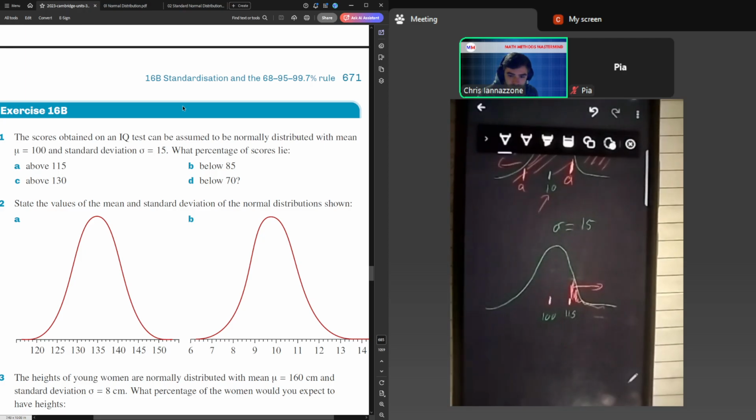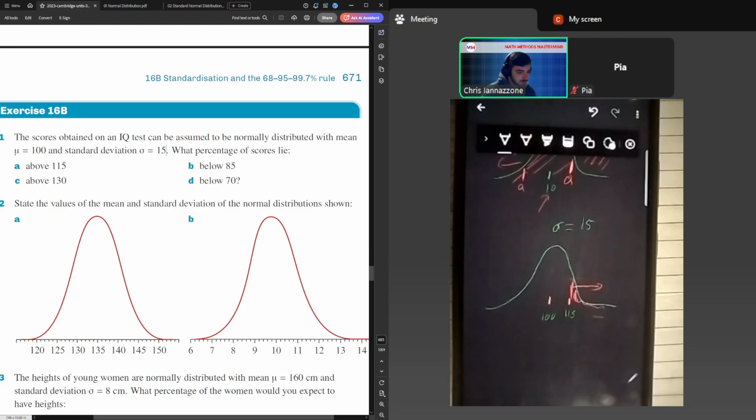So how can we make use of our approximations to figure out what that red shaded area is going to be? Would we use the 99% rule? 99% rule, okay.